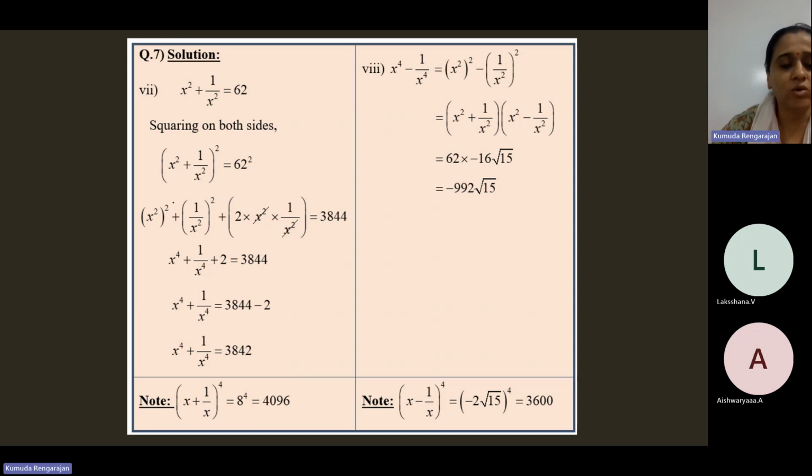Now x square the whole square is x to the power 4, 1 by x square the whole square is 1 by x to the power 4, and in the middle x square and 1 by x square cancel, so it's plus 2 is equal to 3844. Taking 2 to the other side, the value of x to the power 4 plus 1 by x to the power 4 is 3842.